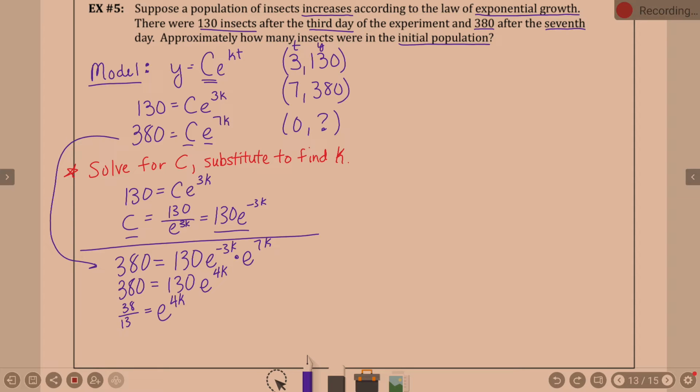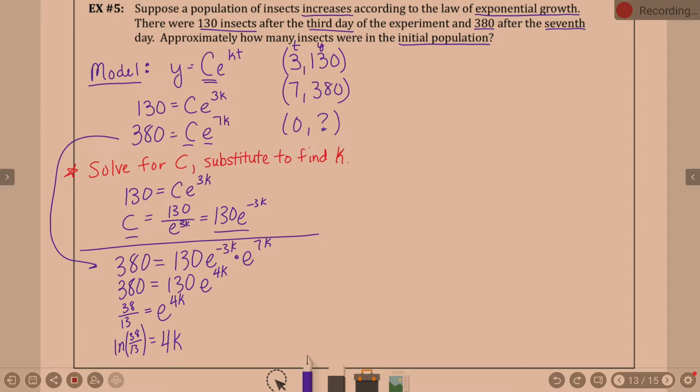Yeah, you can think of it as undoing: left, right, middle, natural log of both sides, but you end up with what? Natural log of 38 over 13. And when I do the natural log of e to the 4k, that ends up just being 4k, right? Because natural log and e cancel, you just have that exponent of 4k left.